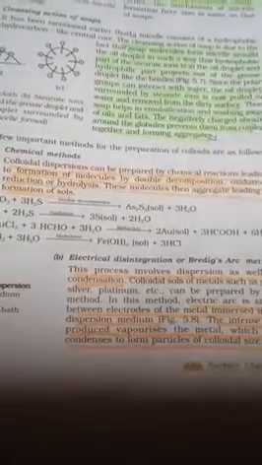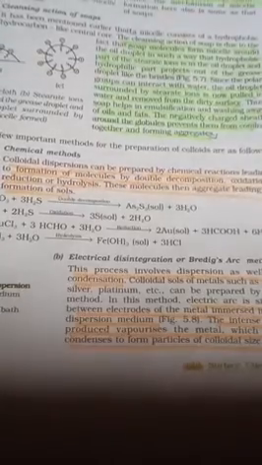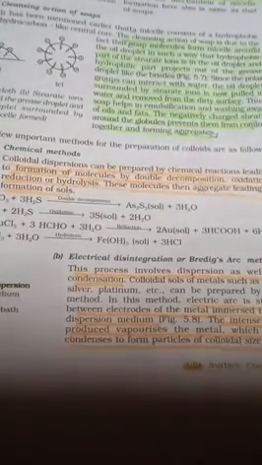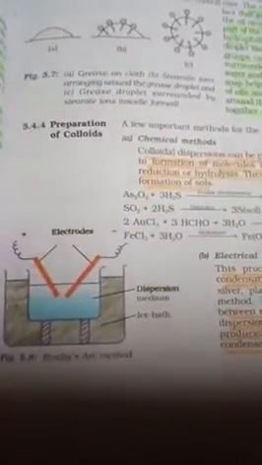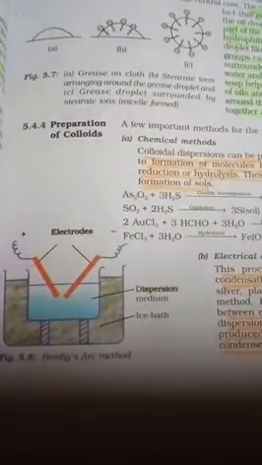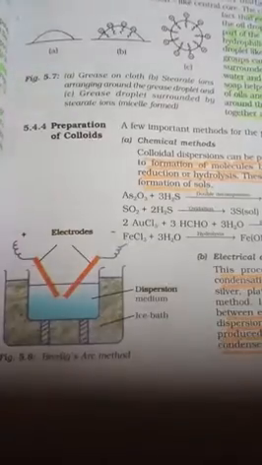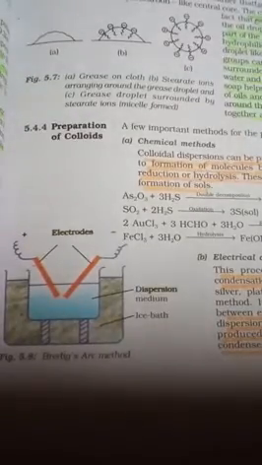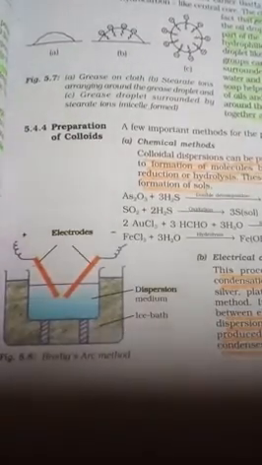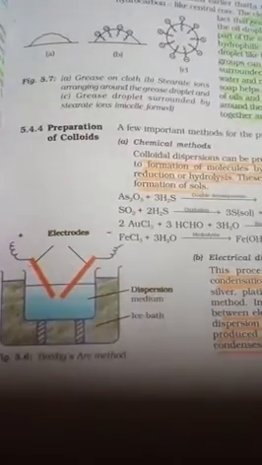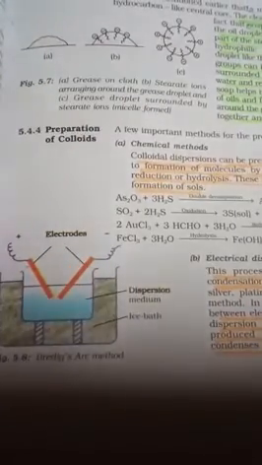Now we will see the electrical disintegration or Bredig's arc method. So here the picture is shown. Here we need to add an electrolyte to the dispersion medium. The dispersion medium is kept in an ice bath.